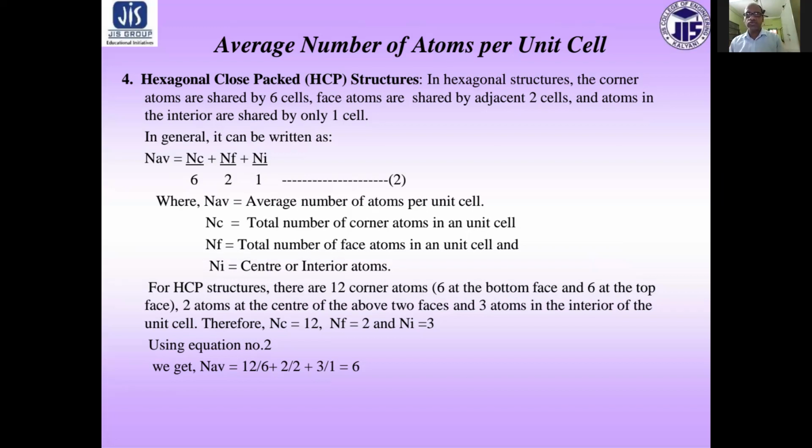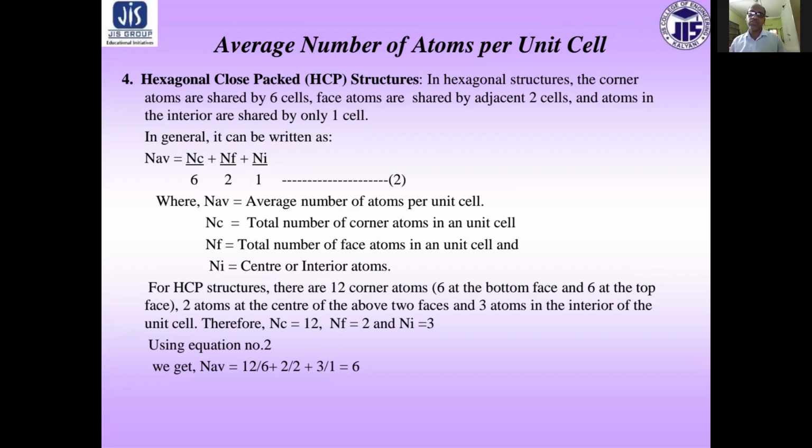As we know from the figure, there are hexagonal faces at the top and bottom, with 6 corner atoms on each hexagonal face, face atoms present on those hexagonal faces, and some interior atoms.